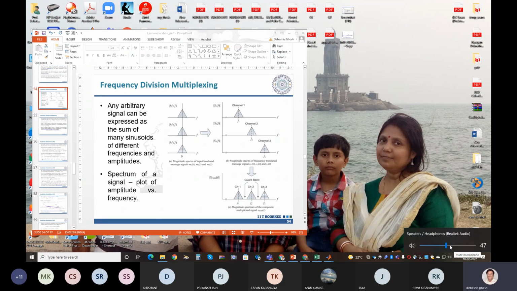They don't mix up until and unless you deliberately use some circuit to mix them up. So you can select out a particular frequency. That is possible.